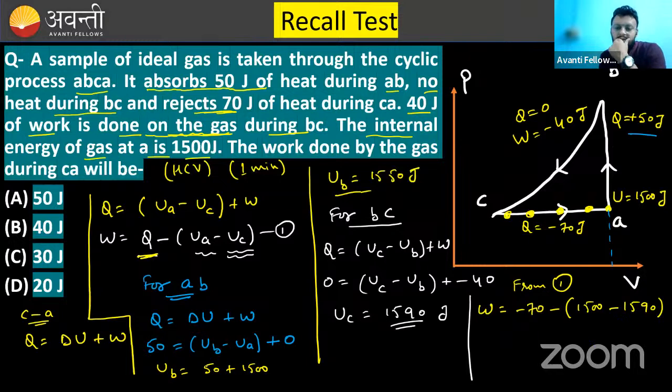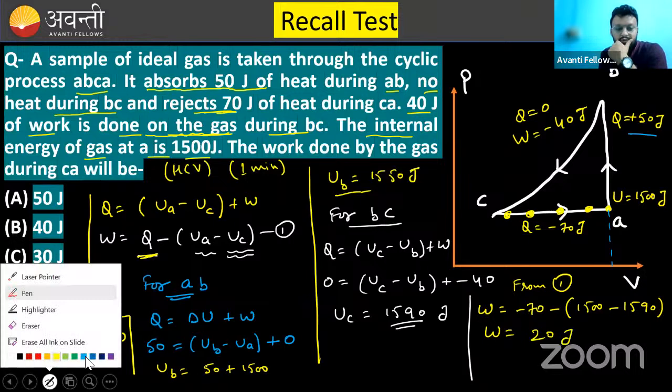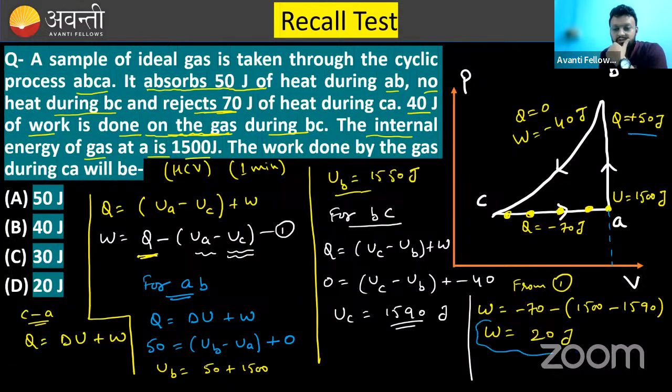If you solve it out, it will be minus 90 plus 90 minus 70. W is equal to 20 joule. So this 20 joule is going to be our answer, which is option number D, 20 joule.